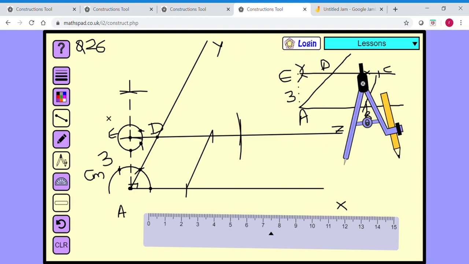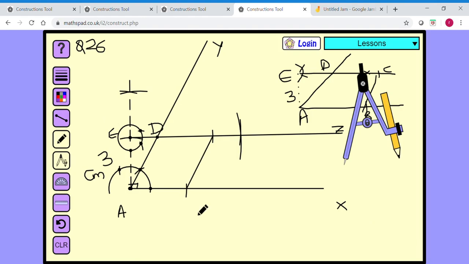So let me rejoin them. Done. So this is point B and this is point C. This is equal, this is equal, this is equal, this is equal, and this angle is 60 degrees, and we've done this. Perfect.